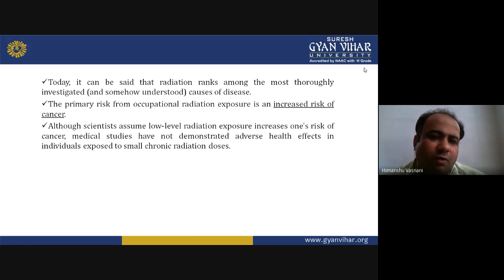The primary risk from occupational radiation exposure is an increased risk of cancer.